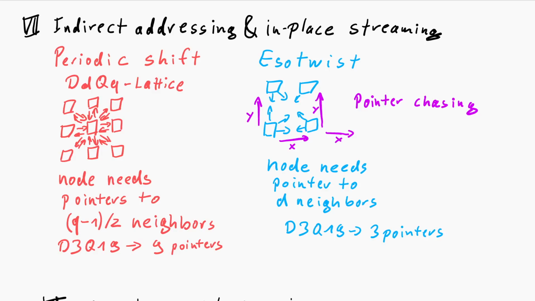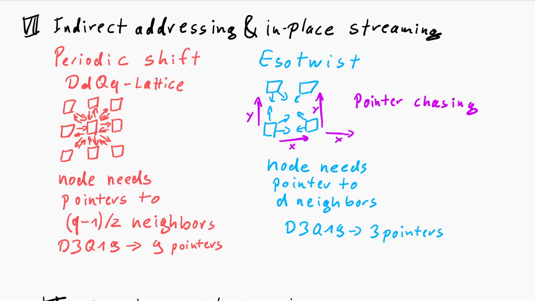So in Esoteric Twist, because you keep this data locality and because you need the neighbor only in one direction, you don't need the pointers to all the lattice directions, but only the pointers in the cardinal directions, namely in X, Y, and probably Z direction.